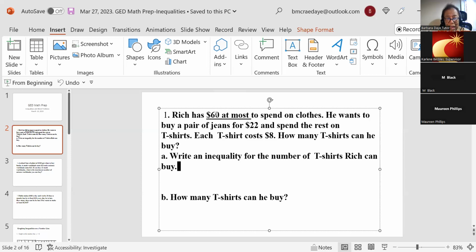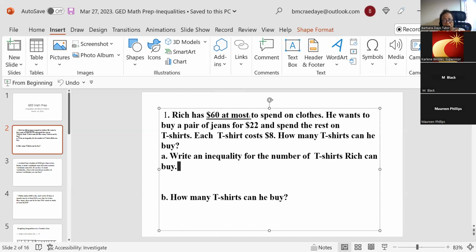At most means less than or equal. Remember, I gave you some common words that are in these problems and how you translate them to greater than, less than, greater than or equal, less than or equal. Well, at most means less than or equal, right?